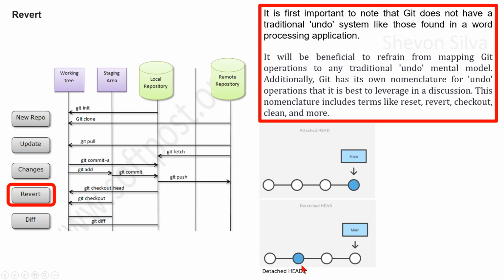Remember that the head is Git's way of referring to the current snapshot. Internally, the git checkout command simply updates the head to point to either a specified branch or commit. When it points to a branch, Git doesn't complain, but when you check out a commit, it switches into a detached head state.